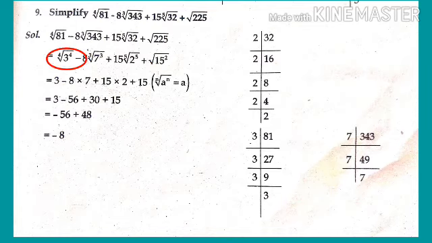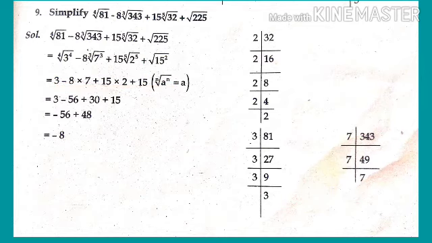That is equal to 4 cancel, we get 3 minus 8 into 3 cancel, we get 7 plus 15 into 5 cancel, we get 2 plus square root and 2 cancel, we get 15, since nth root of a power n is equal to a.